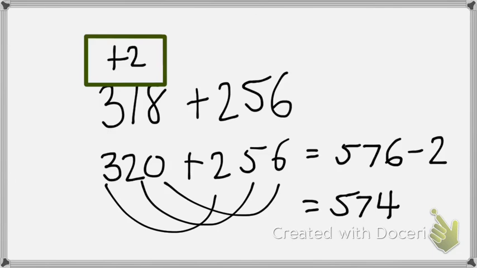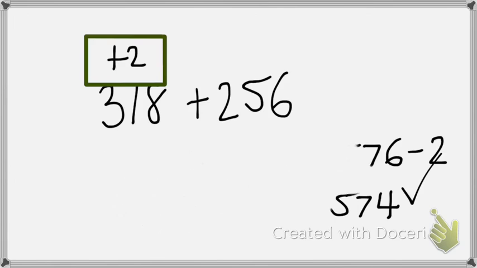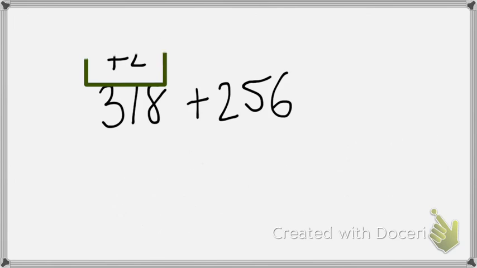Okay, 574. Now, what about a super tidy number? I told you about that before. Sometimes the number is pretty close to a super tidy number. So this time, what I'm going to do, I'm actually going to change this number.